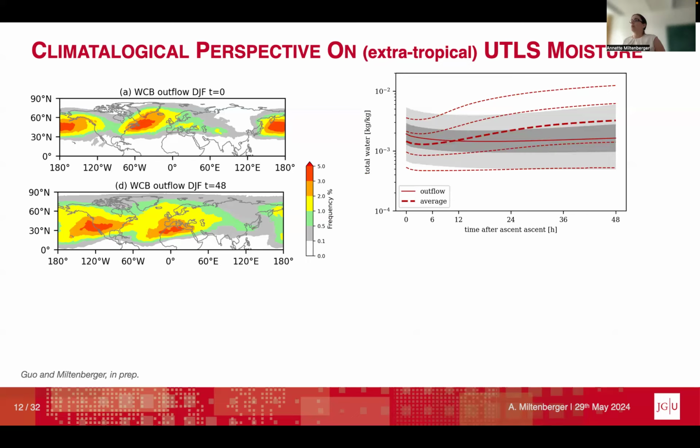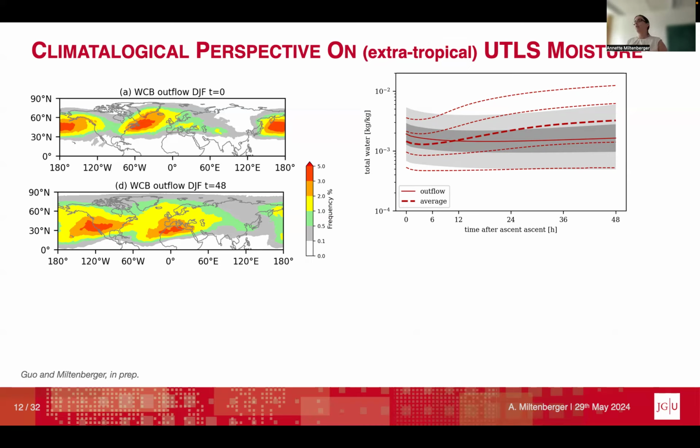If you now look at the evolution of the total water content in the outflow, which is shown by the thin red lines and the shading, compared to the average or the background. And the background here is taken as all grid points, so at the same grid points, but from all the samples at this location that are not warm conveyor belt outflow.